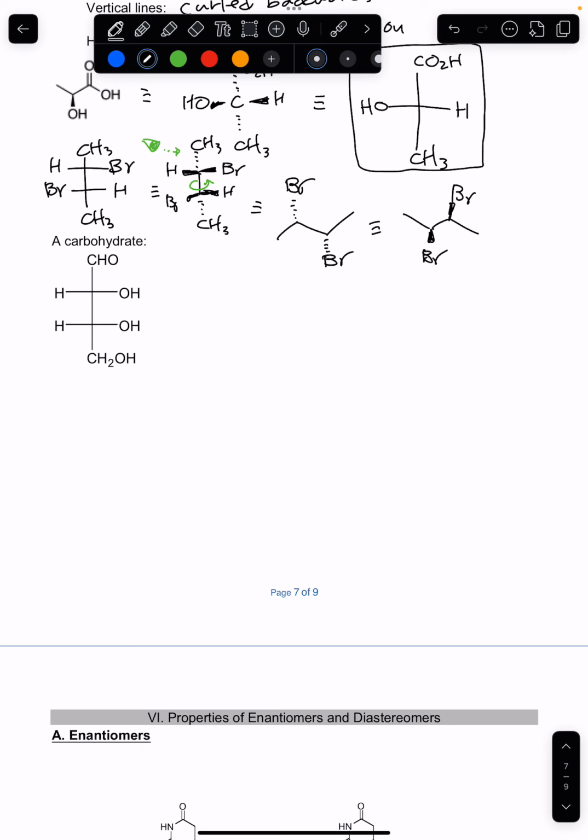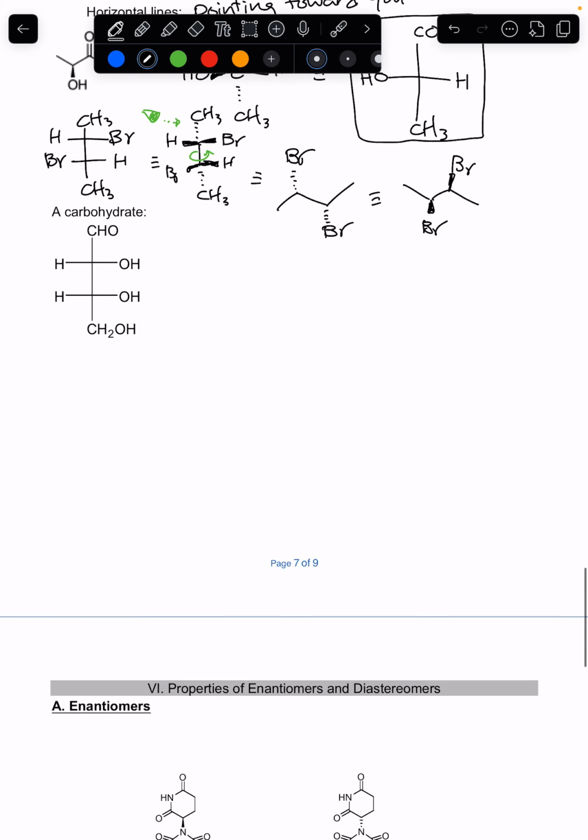And as we said, oftentimes carbohydrate molecules are drawn with Fischer projection like this. So here's an example of a carbohydrate, and I'll let your biochemistry professor tell you what makes this a carbohydrate molecule. I wish we had time to cover that, but needless to say, each carbon has an oxygen on it. That's a carbohydrate molecule.